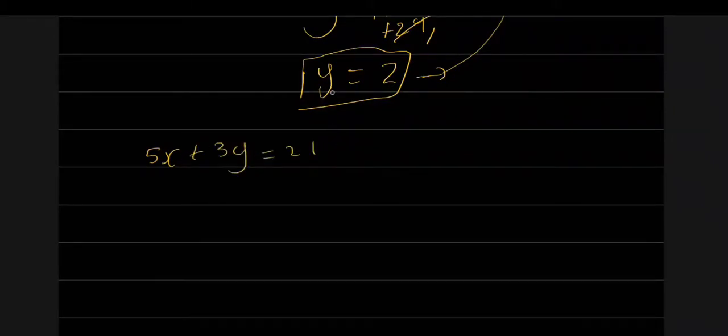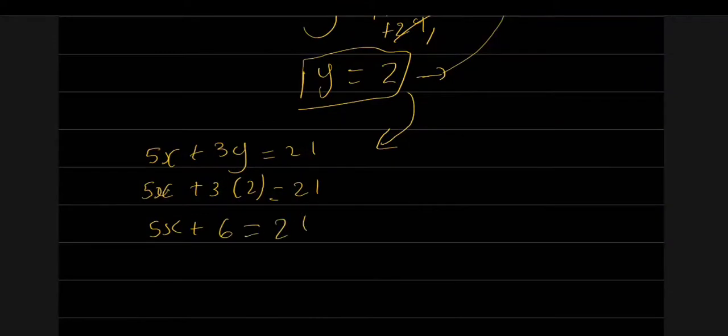We see y has a value of 2, so let's substitute that in. We have 5x plus 3 times 2, which gives 6, is equal to 21.